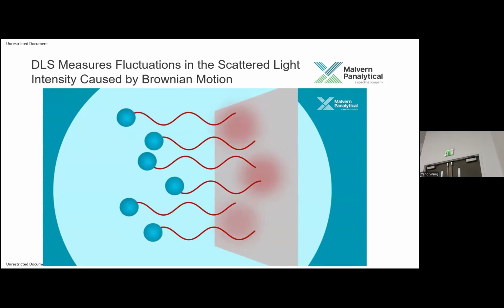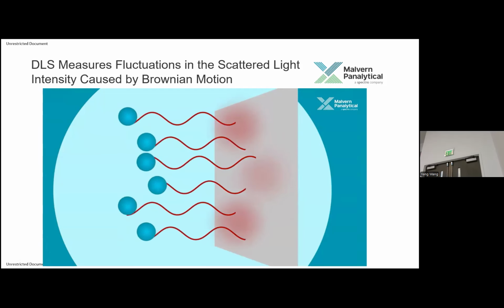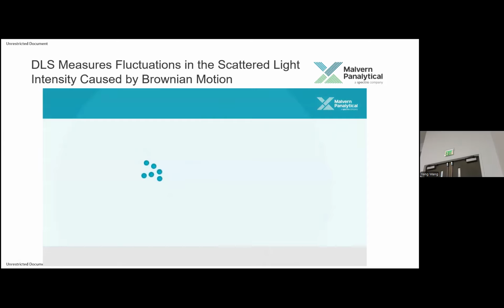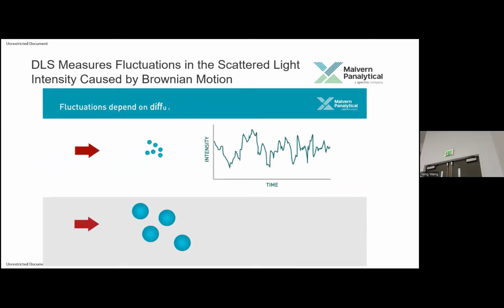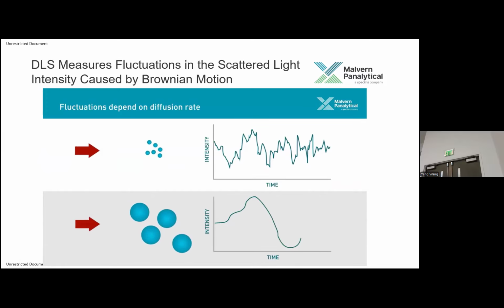The frequency of that fluctuation is dependent on the size of the particles. If we're looking at smaller particles, you'll see a frequent intensity fluctuation, and if we have larger particles, you'll see a less frequent fluctuation of the signal.